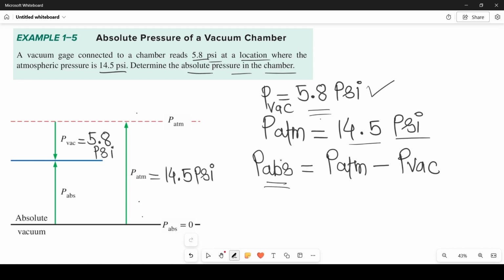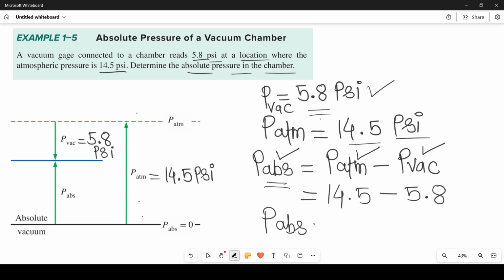So as already discussed, the absolute pressure is atmospheric pressure minus the vacuum pressure. So here the atmospheric pressure is 14.5 psi minus vacuum pressure 5.8 psi. So the absolute pressure here is equal to 8.7 psi.